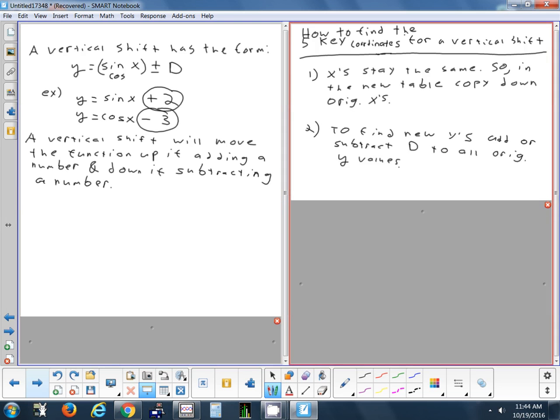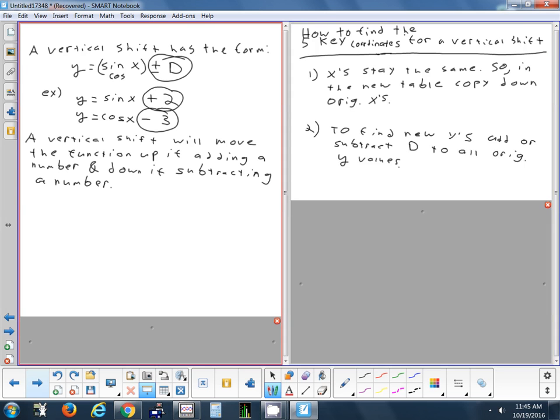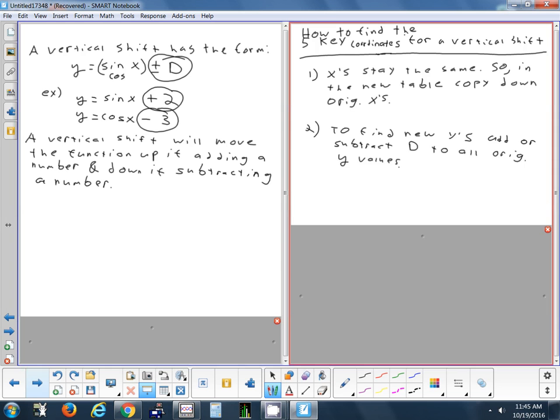For the second one, you take all the original y values for cosine and you'd subtract 3. Okay, so to get the new y values, either add or subtract d, which is that number, to all the original y values. Don't do the opposite.